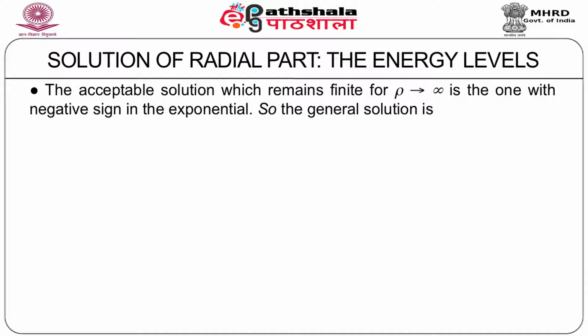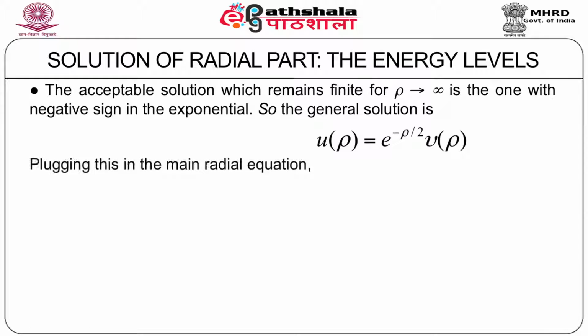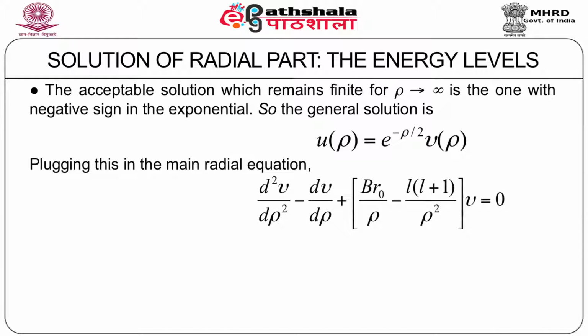So the general solution can be expressed as u(rho) equals e to the power minus rho by 2, taking the negative sign, multiplied by v(rho). Now if you plug this in the main radial equation, you find that this new function v(rho) satisfies this equation: d squared v by d rho squared minus dv by d rho plus, within brackets, b r_0 by rho minus l(l plus 1) by rho squared, times v, equals 0.